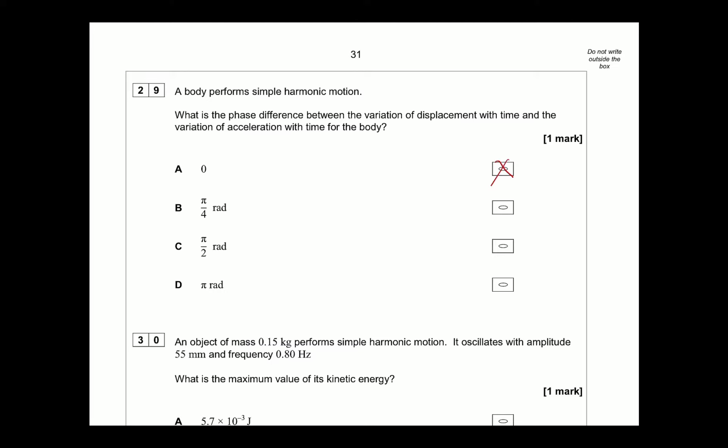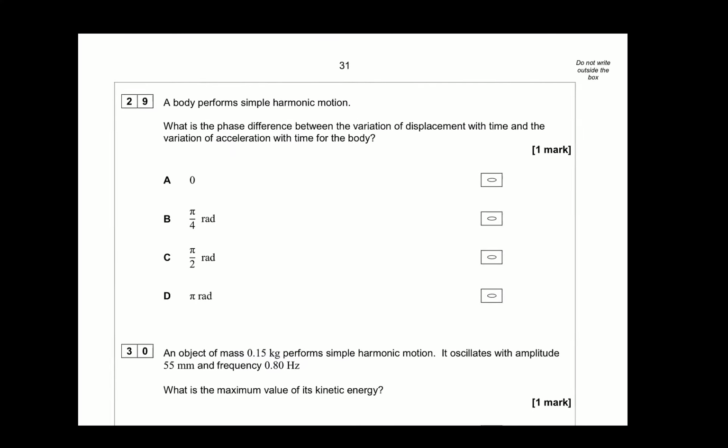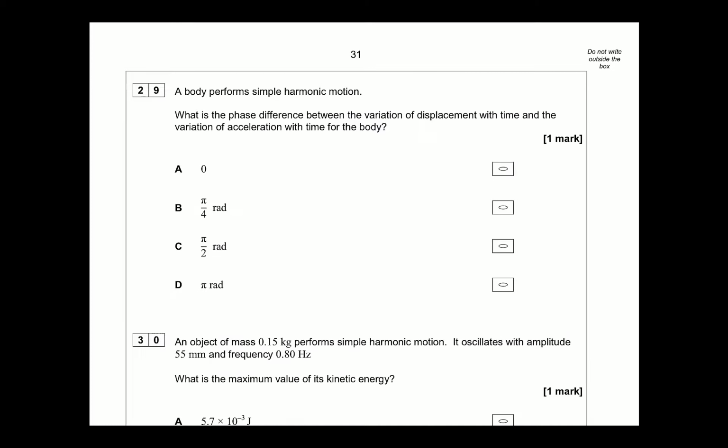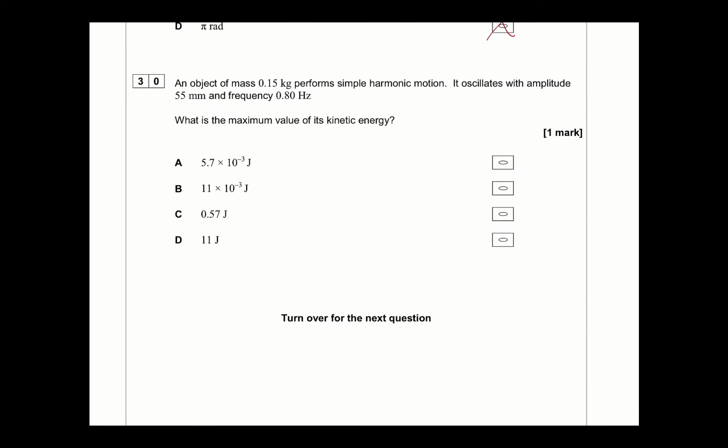Displacement with time versus acceleration with time. Oh yeah, because you have maximum acceleration at... That's interesting that they're considering that zero displacement. Okay. Mark scheme says D. I'm not 100% convinced. I'll have to take a look.